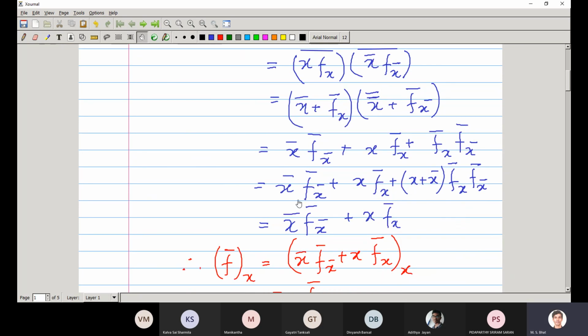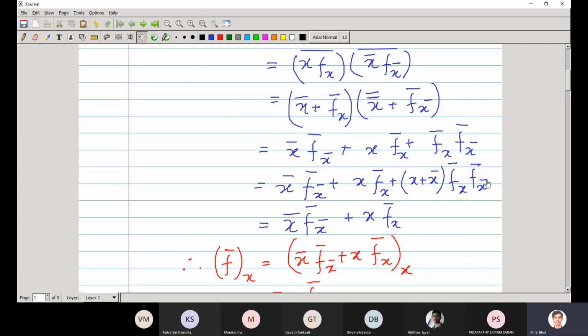Now I can club x bar fx bar bar with this x bar fx bar bar. You can take the common term x bar fx bar bar from this and this. Then you are left with x bar fx bar bar into 1 plus fx bar. 1 plus fx bar is 1 because it is a Boolean function.